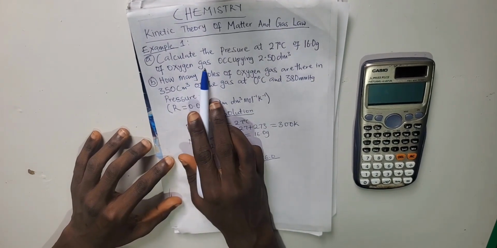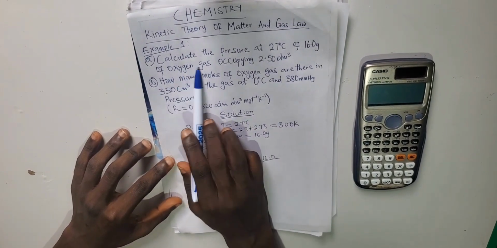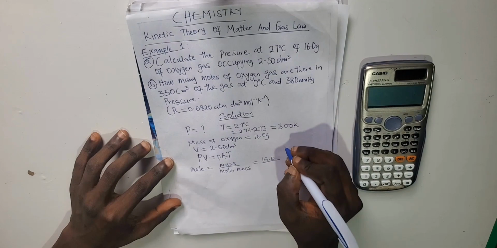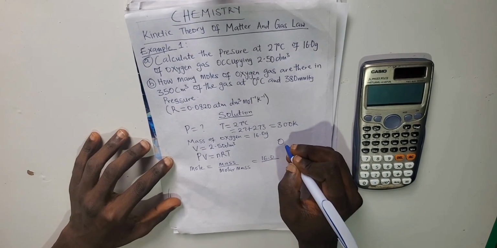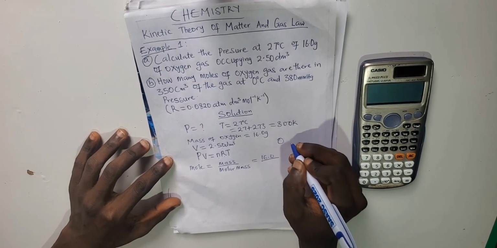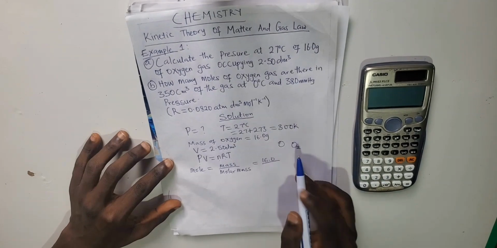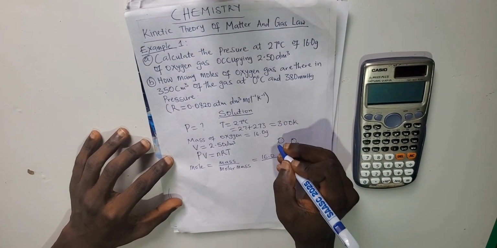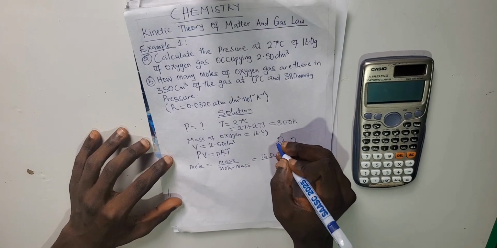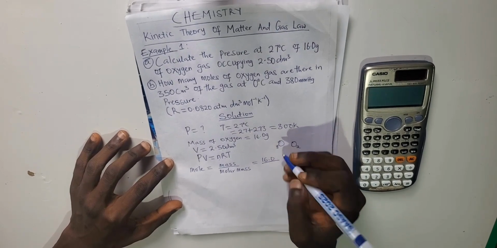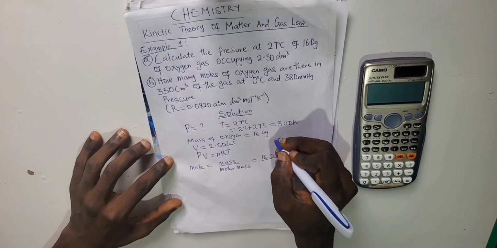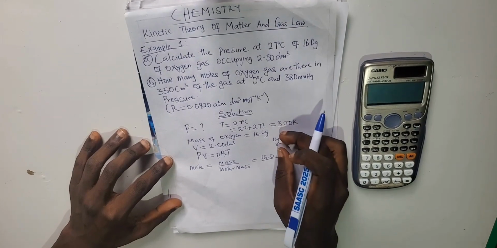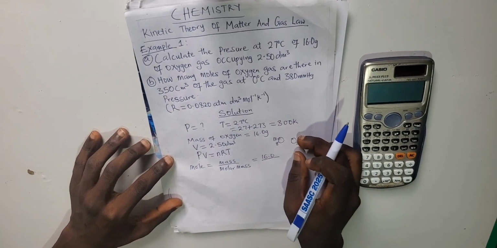Since it is a gas, take note, this is oxygen atom, while this is oxygen molecule or oxygen gas. The atomic number of oxygen is 8, while the mass number of oxygen is 16. This is for the oxygen atom. What about oxygen gas?